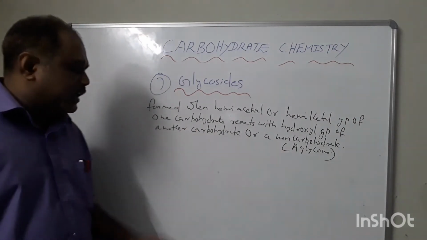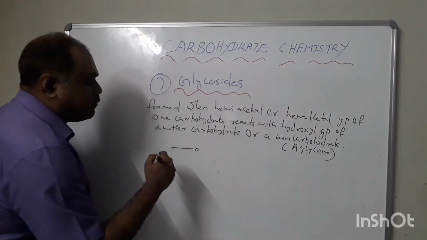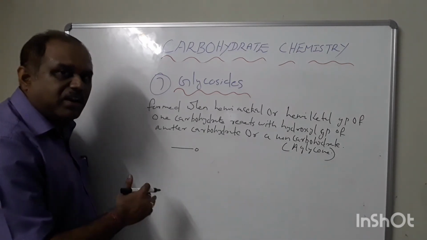So I will show you one example for a glycosidic bond. It can be formed between two carbohydrates, or between a carbohydrate and a non-carbohydrate.